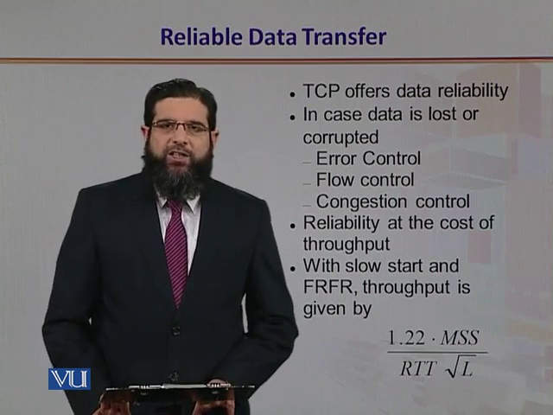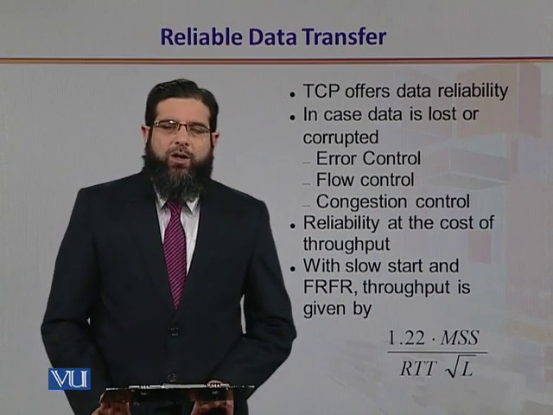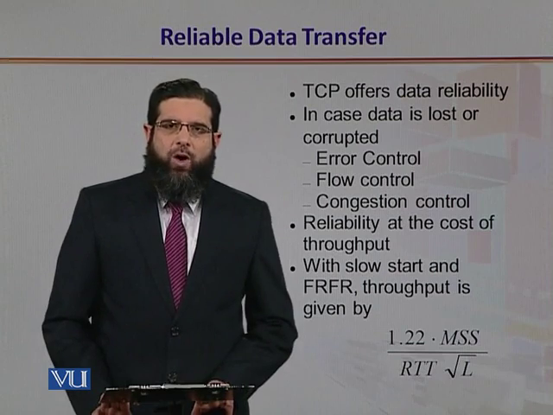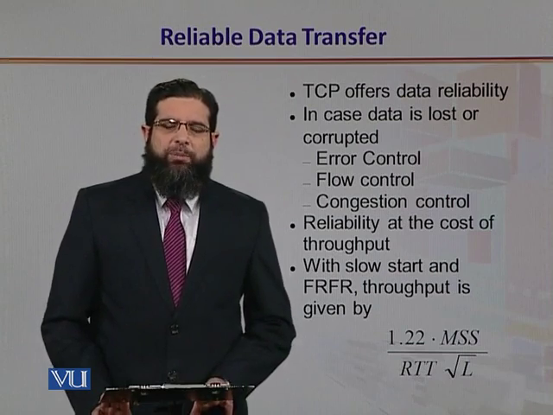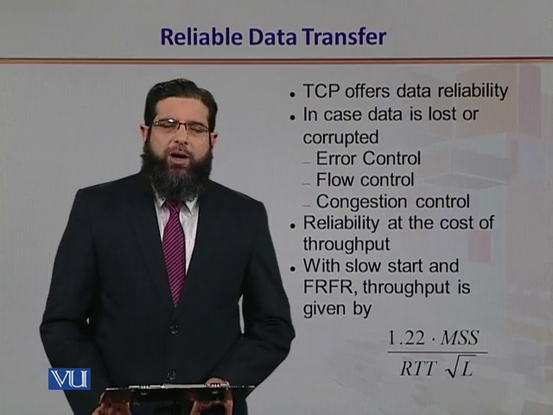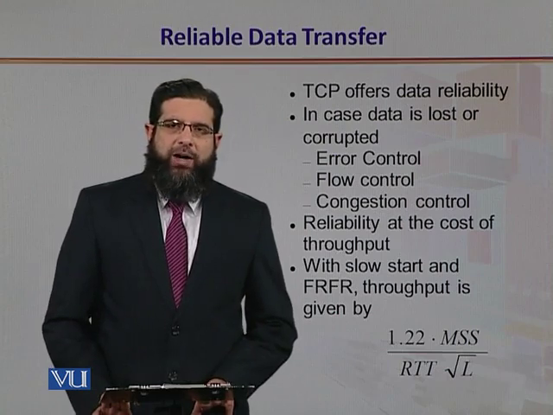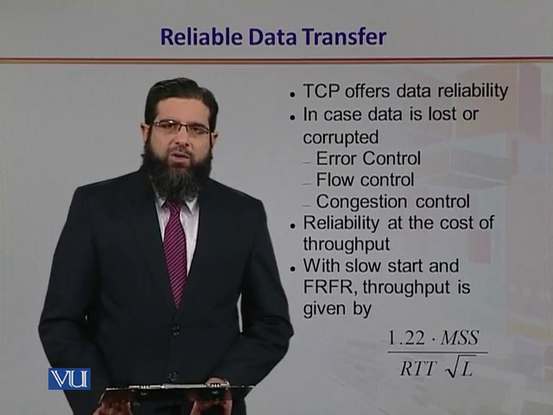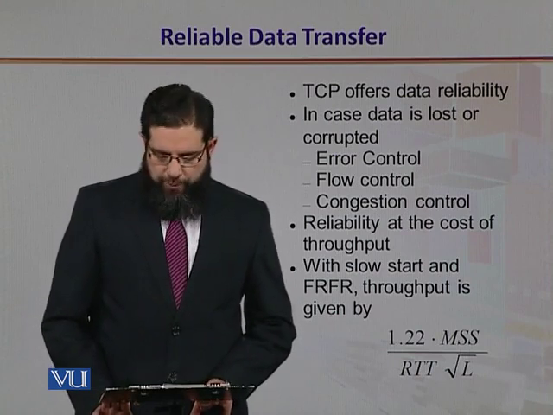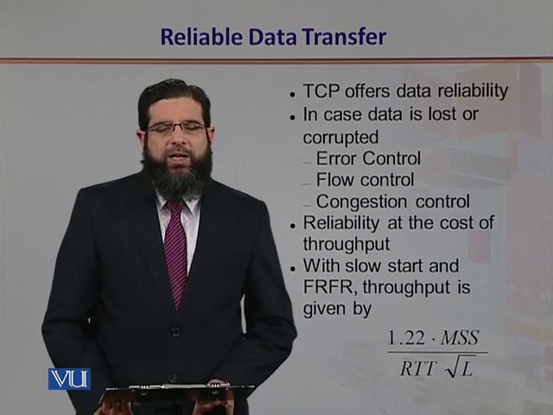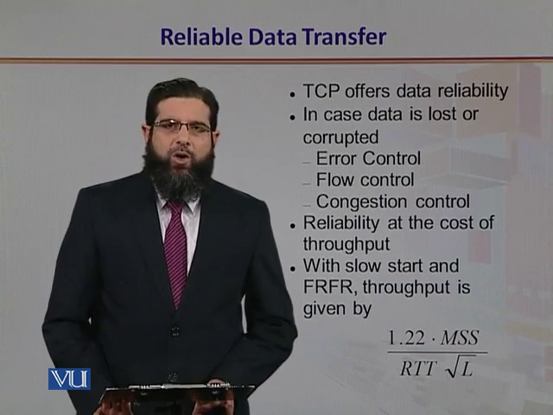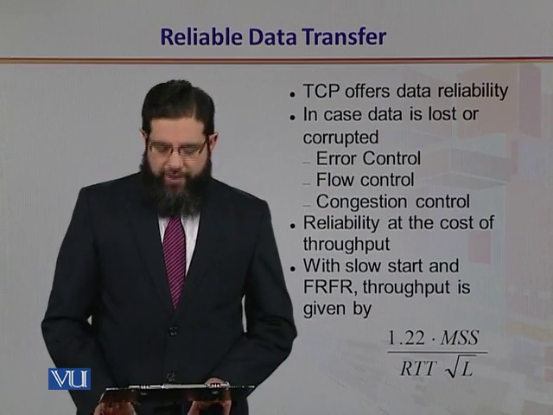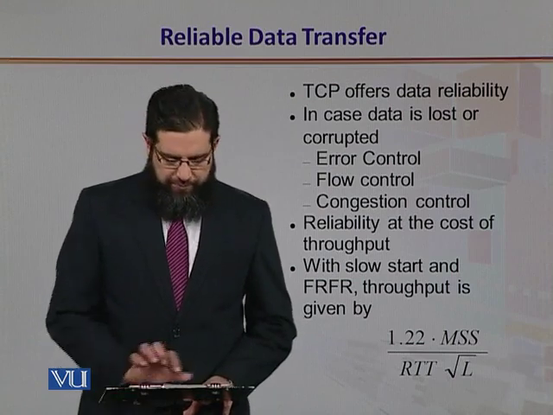There is an expression in the denominator as the square root of the loss. This loss typically takes the value of 10 to the power minus 6, 10 to the power minus 9, but it can go as low as 10 to the power minus 10 for optical networks. So correspondingly, the throughput is going to be inversely proportional or affected with an increase in the loss.